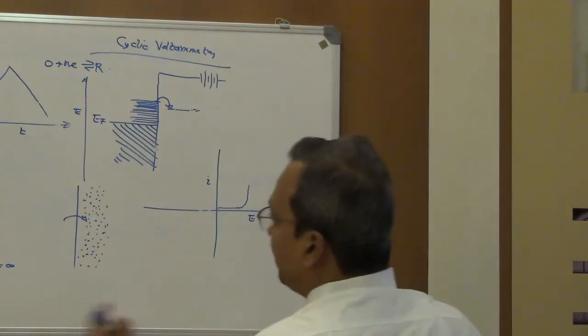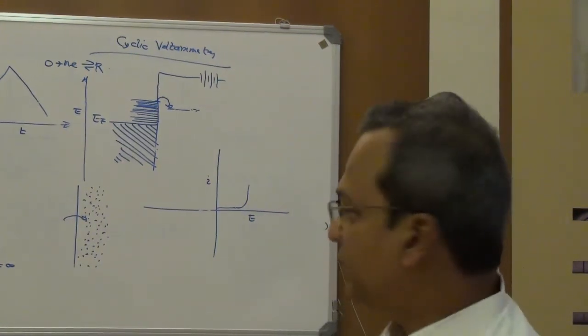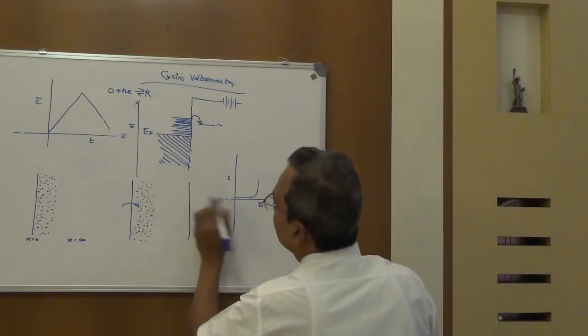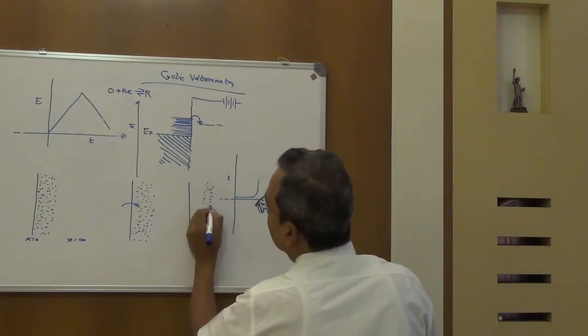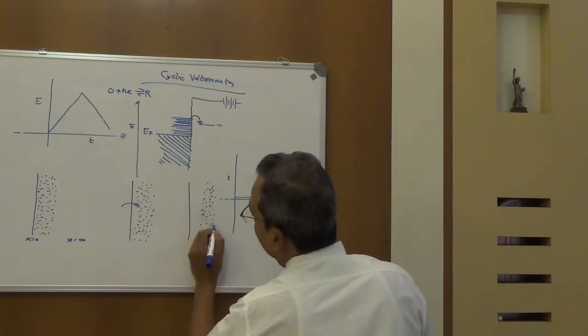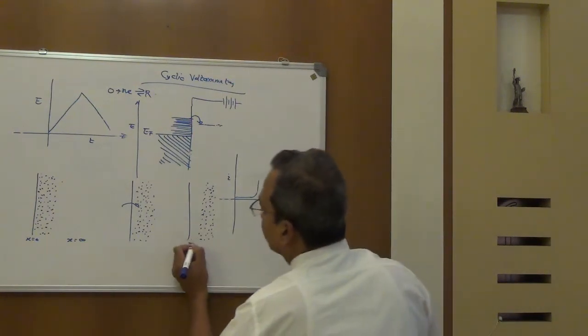If you apply more and more potential, more and more driving force to the electrode, at a certain point you will find that there is no O near the electrode surface. This is called depletion, and this layer is called the depletion layer.